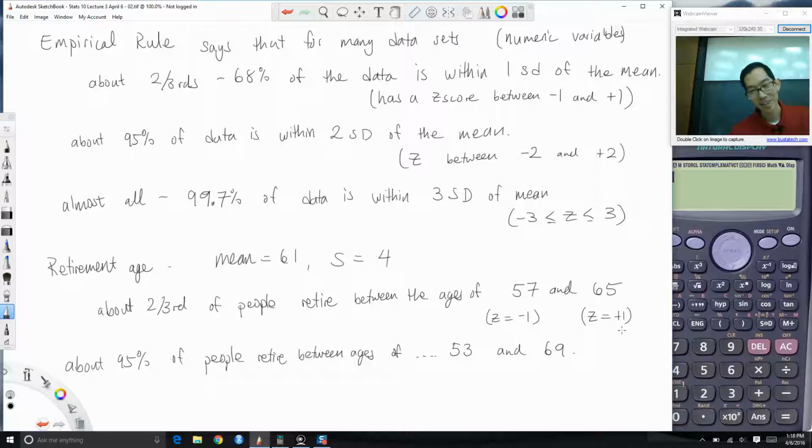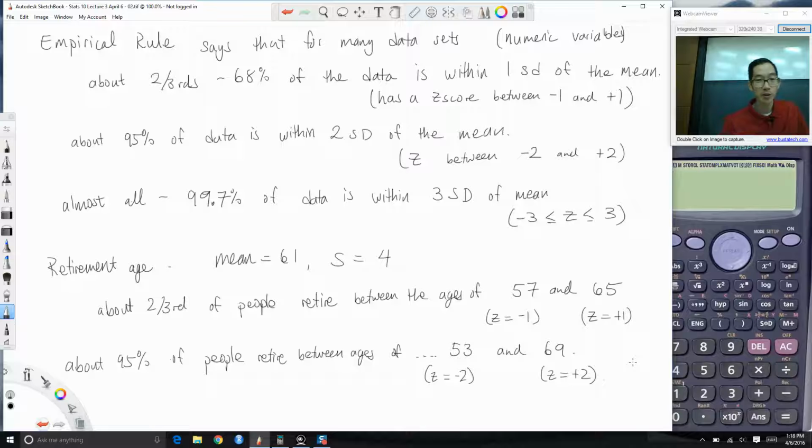And, I don't know that much about retirement, but this sounds reasonable to me. Okay, and so this would be z equal to -2 and z equal to +2. Okay, and we can kind of imagine how this carries out.